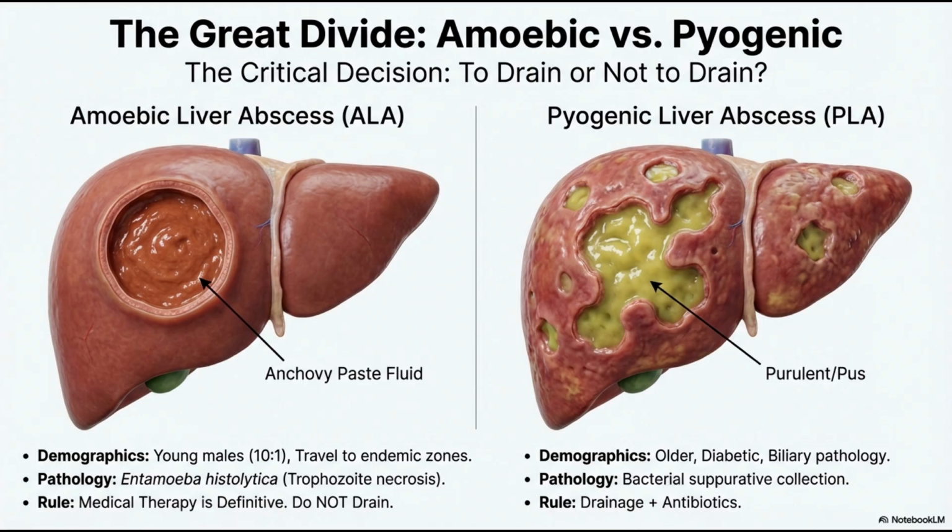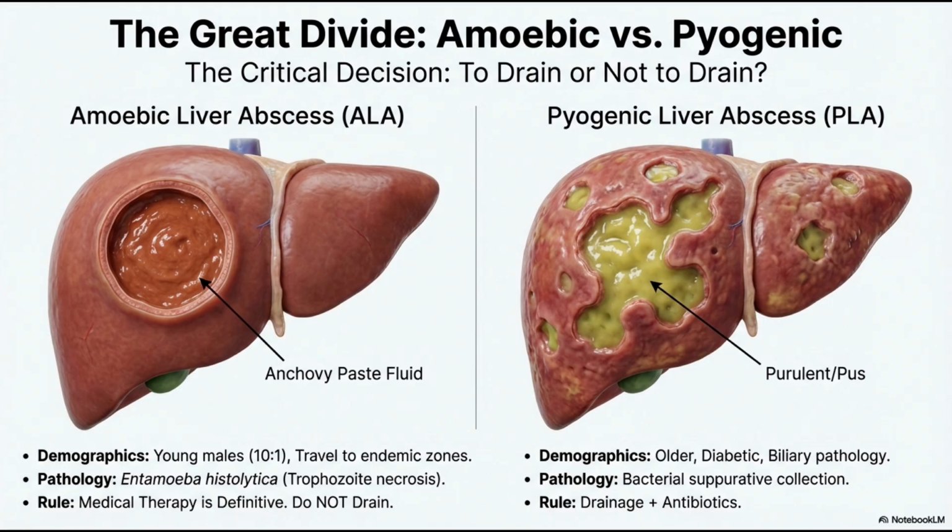There is data from animal models suggesting that testosterone is actually a risk factor for the development of the abscess. It somehow modulates the immune response, specifically cell-mediated immunity, allowing the amoeba to take hold in the liver. So testosterone is effectively an immunosuppressant for this specific bug. In the context of the liver, yes, it seems to be.